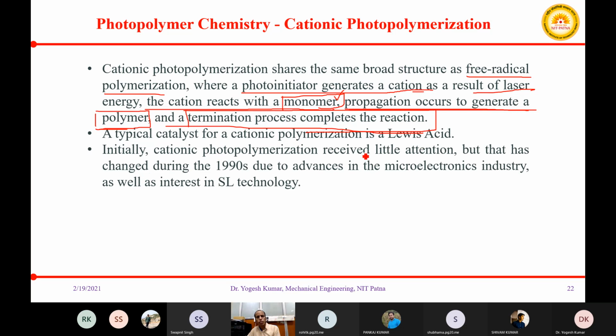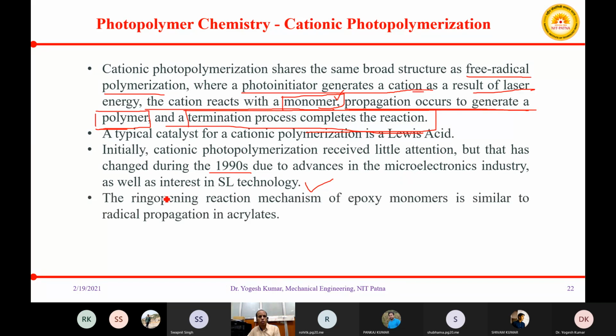Initially, cationic polymerization was not being used until 1990, when some advances in the microelectronics industry made people take interest in cationic polymerization, because this technology was initially used for the microelectronics industry only.